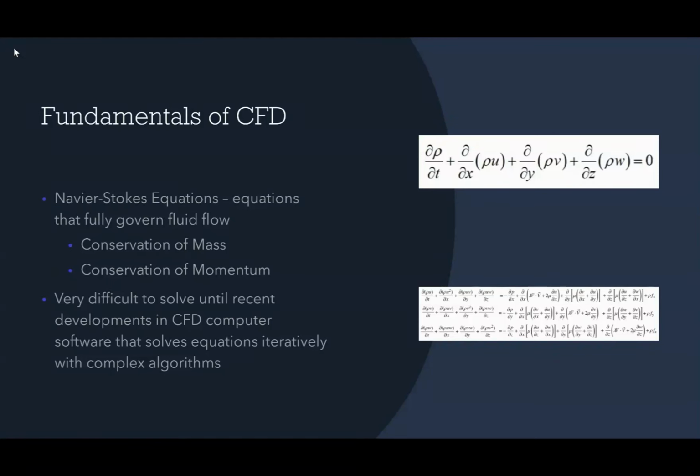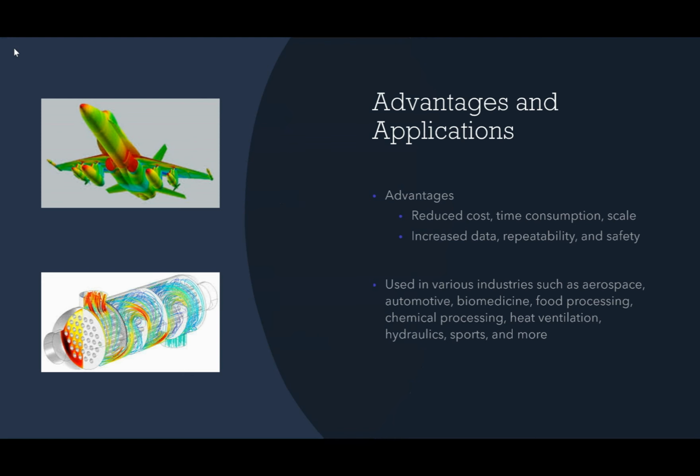Although they were introduced around the early 1800s, the complexities of their partial differential equations have made them very difficult to solve. With the development of CFD computer software, these equations have become more practical in several situations. CFD has a lot of advantages and applications.